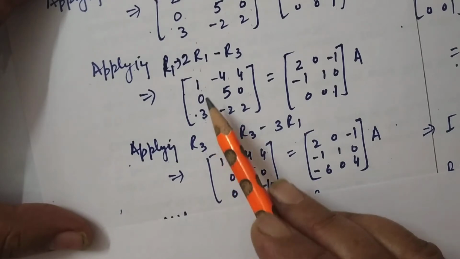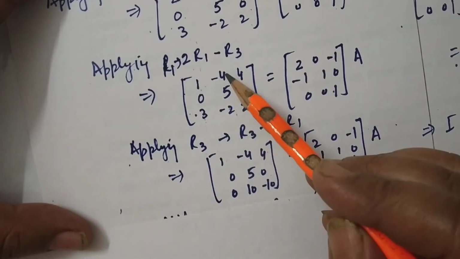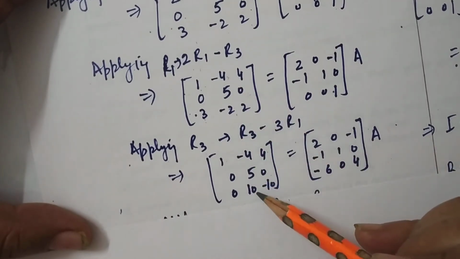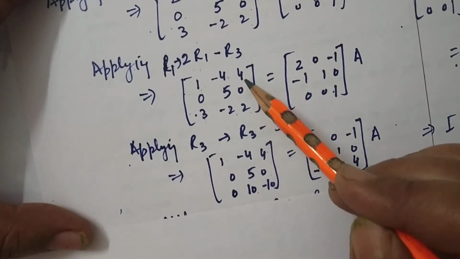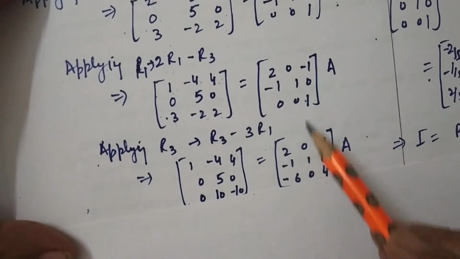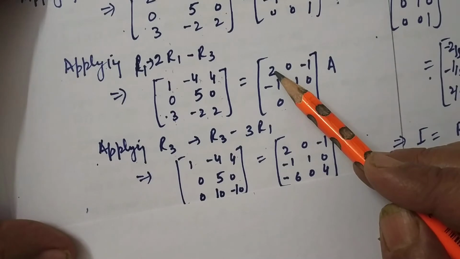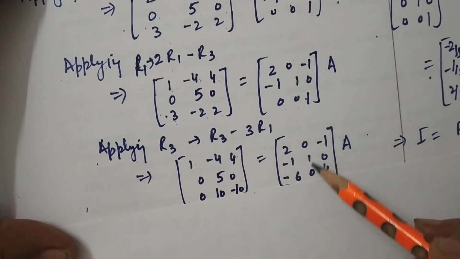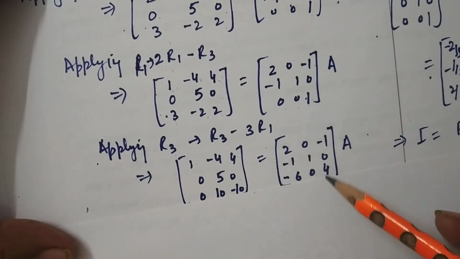R3 minus 3R1: 3 minus 3 is 0, then minus 2 plus 12, that will give me 10, then 2 minus 12, that will give me minus 10. And here the same: 0 minus 3 times 2, so minus 6, 0 minus 0 is 0, and 1 plus 3 gives me 4.